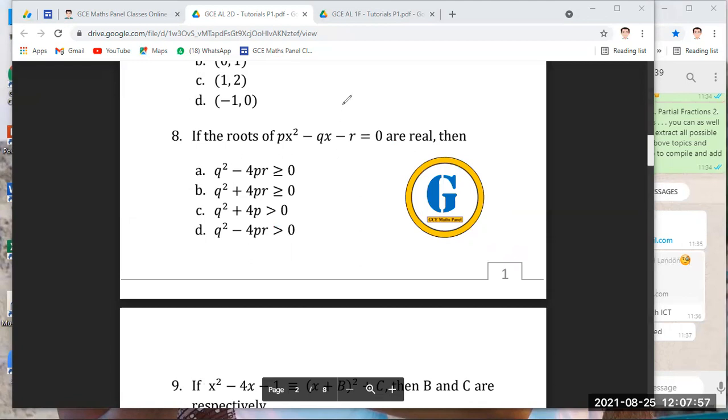Yes, madam. So for this equation to have real roots, the discriminant, b squared minus 4ac, should be greater than or equal to 0. This is the condition for real roots.